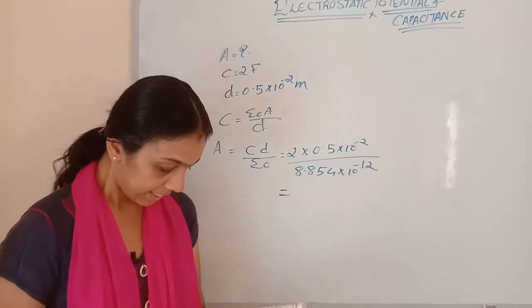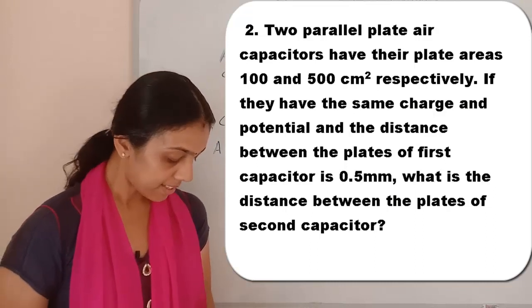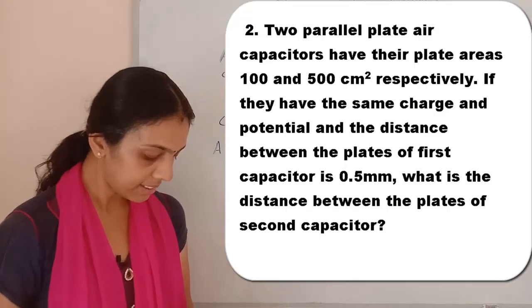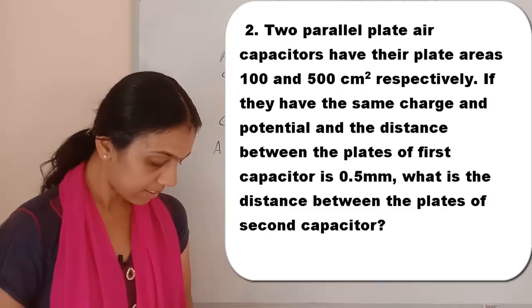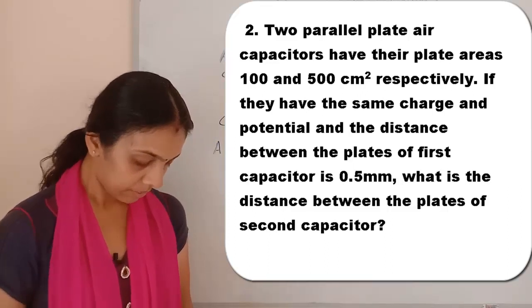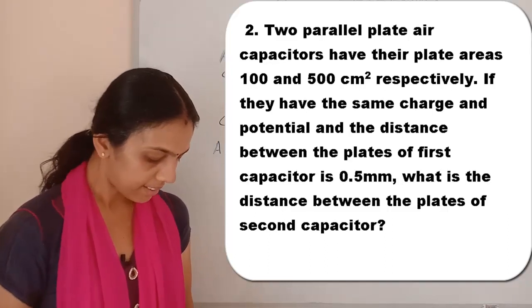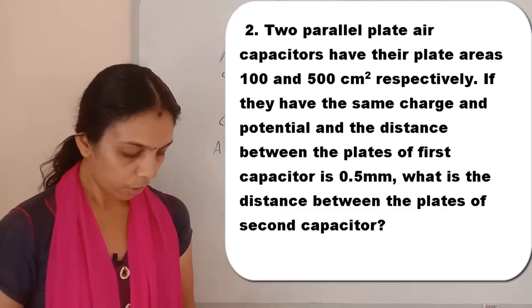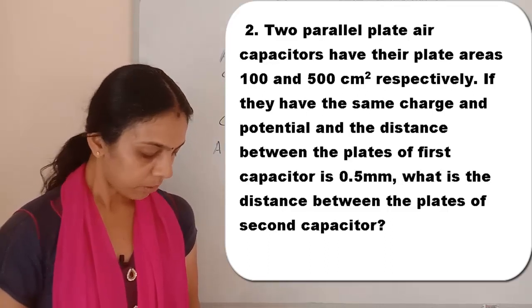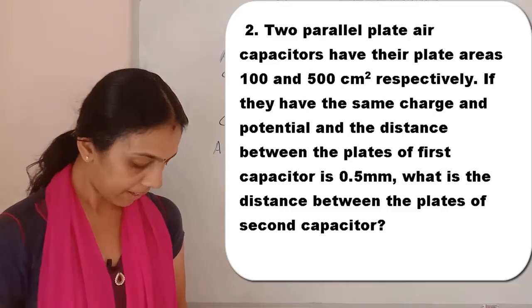Next one is, 2 parallel plate air capacitors have their plate areas 100 centimeter square and 500 centimeter square respectively. If they have the same charge and potential and the distance between the plates of the first capacitor is 0.5 millimeter, what is the distance between the plates of the second capacitor?